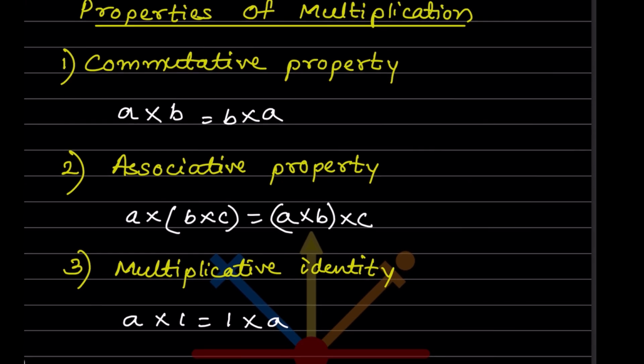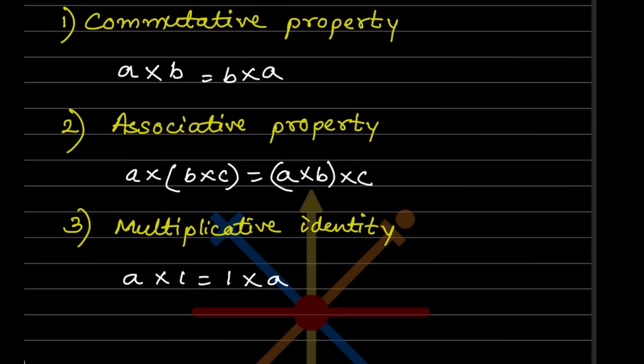For the associative property, a into (b into c) will be (a into b) into c. For the multiplicative identity, a into 1 is 1 into a. Suppose I write 3 into 1, that is 3, and 1 into 3 is also 3, both are the same. Again you can write a into 1 is a, equal to 1 into a.